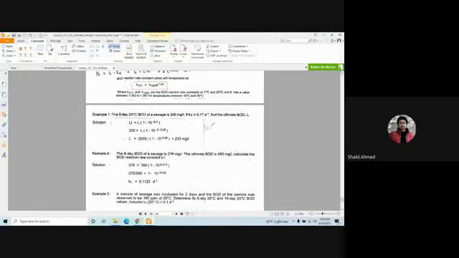BOD5 or Y5 is given, that is 200 milligram per liter. K1 is given. Since this is 20 degrees Celsius BOD and they have not mentioned any temperature, you can assume this is 20 degrees Celsius also.